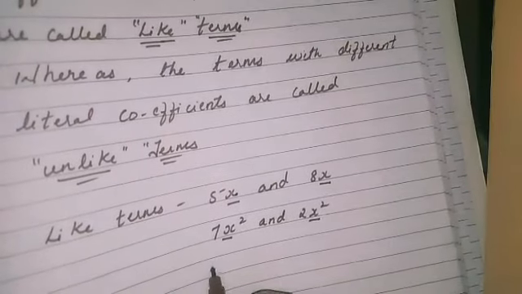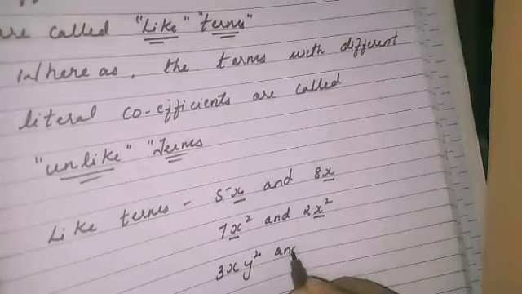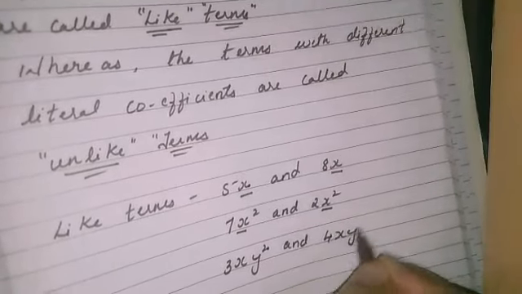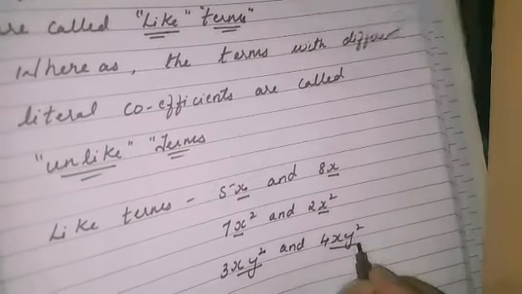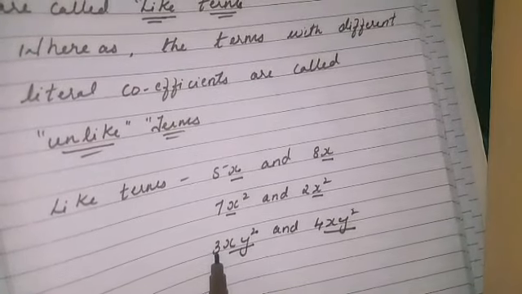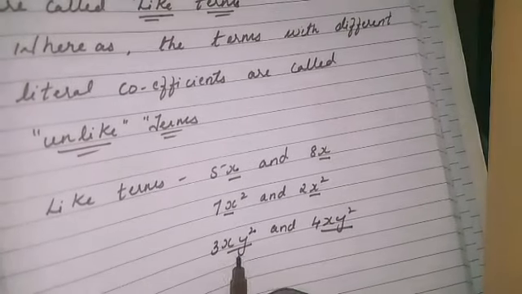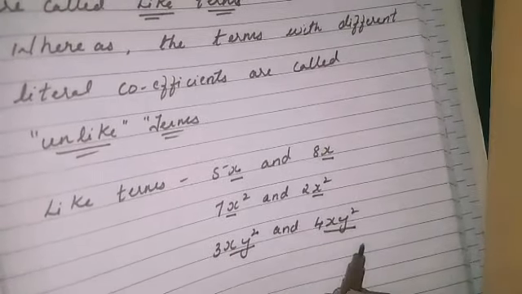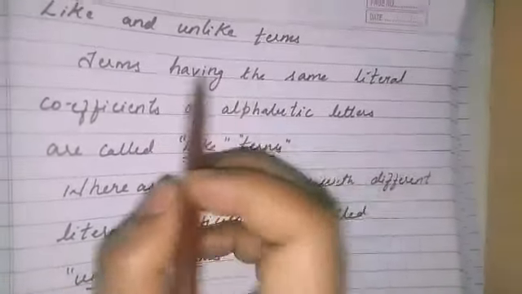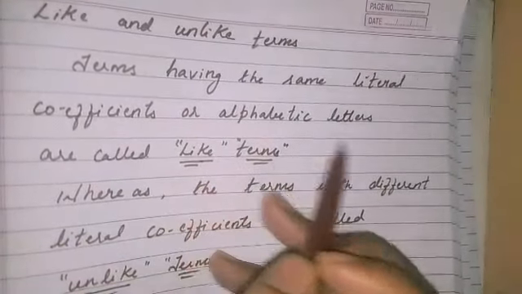One more example: 3xy square and 4xy square. Here again the literal coefficient of 3 and 4 is xy square, so they become like terms. So the like terms are those terms which have the same literal coefficients or alphabetic letters.